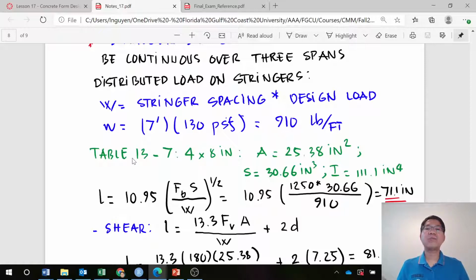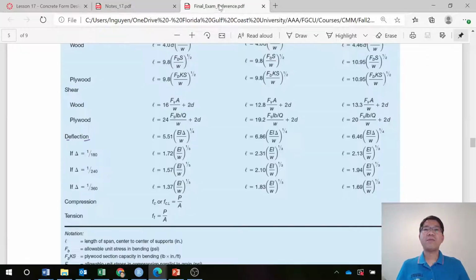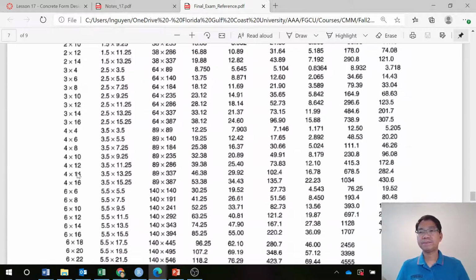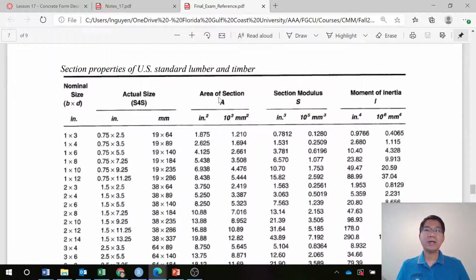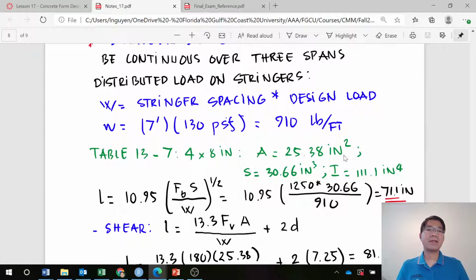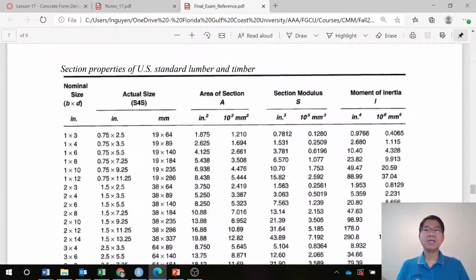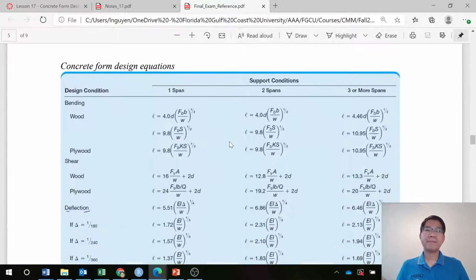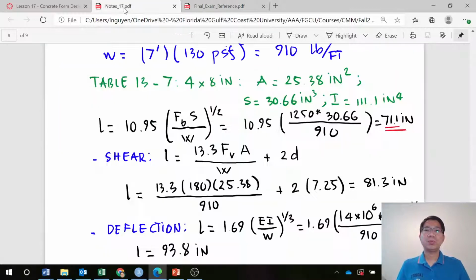And go to table 13.7 with the cross section 4 by 8 inches. So go to the table here, 4 by 8. You can find the area, section modulus, and moment of inertia, so you have A, S, and I. And apply the equation in table 13.5, exactly the same as for the joist, with different properties.